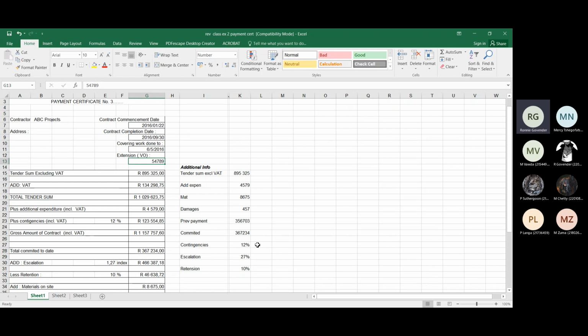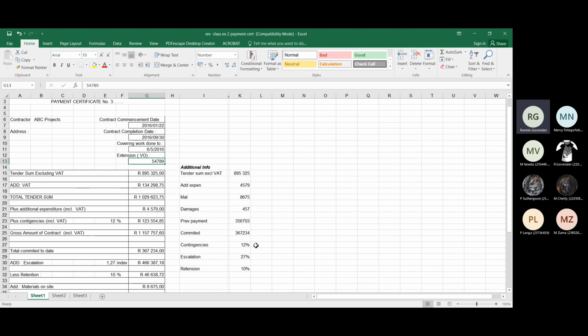when you normally price a job, we allow for contingencies, things that are unforeseen. Let's say now all of a sudden we undermeasured the length of the pipeline. We said it was going to be 3.465 kilometers, but it's actually 3.765 kilometers. So the additional 300 meters can come from the 12% that you would have budgeted.